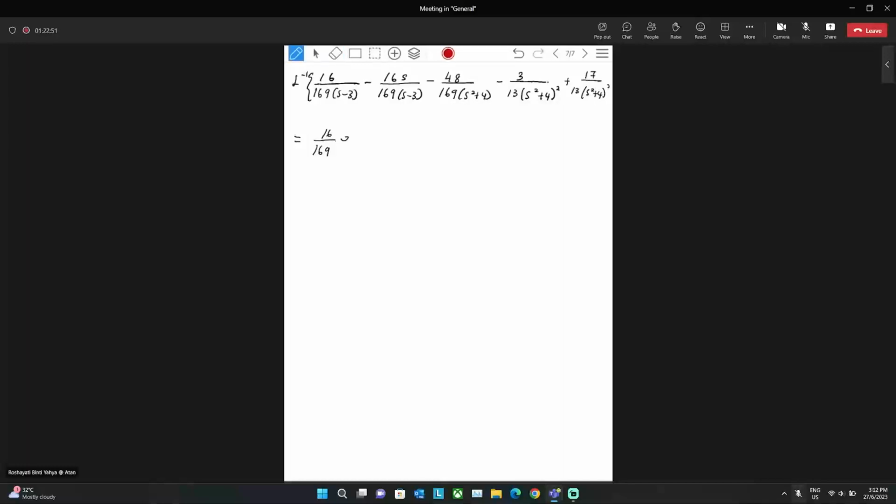So exponential, A equal to 3, e to the 3t, minus 16 over 169 S over (S minus 3), so plus, S squared plus 4.